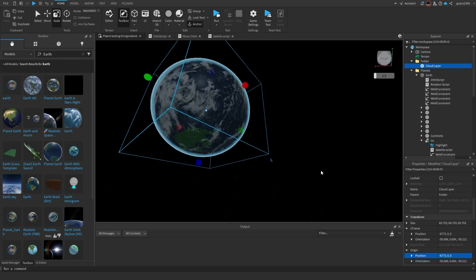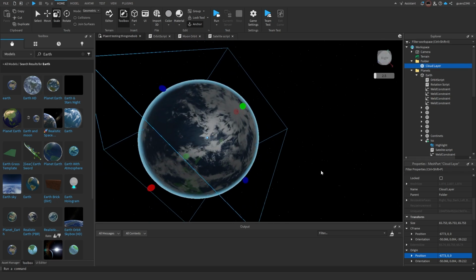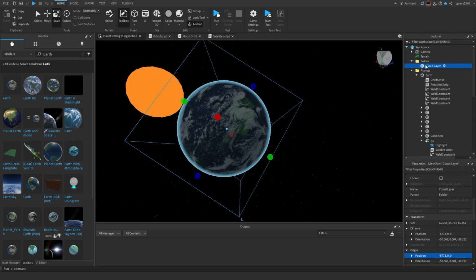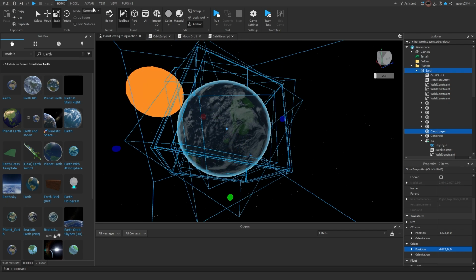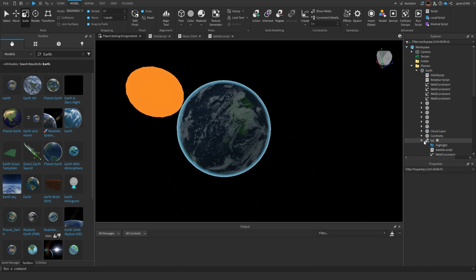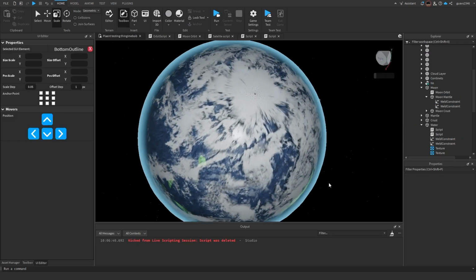Okay, now this is starting to look like a habitable planet. Okay. And then we can give it its rotation script here, and then we could weld it. Cloud layer, we can give it its rotation script here.